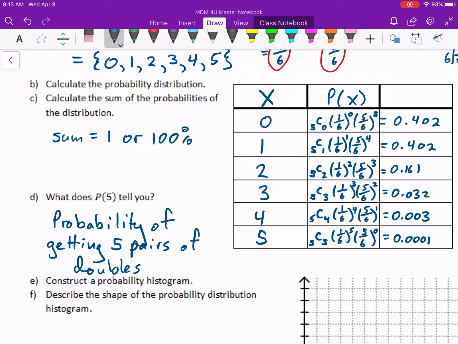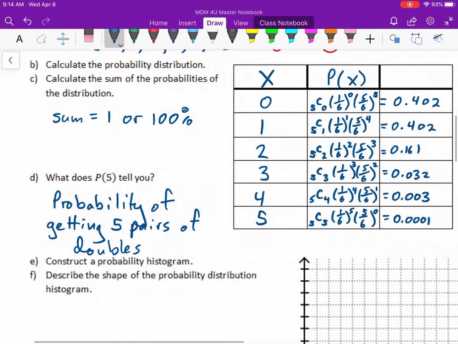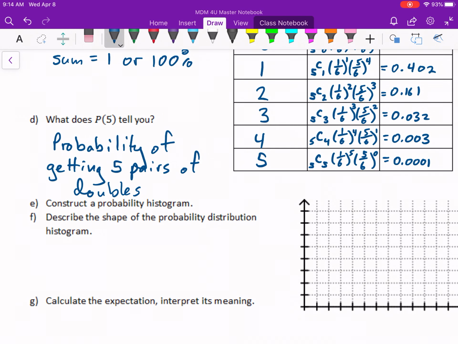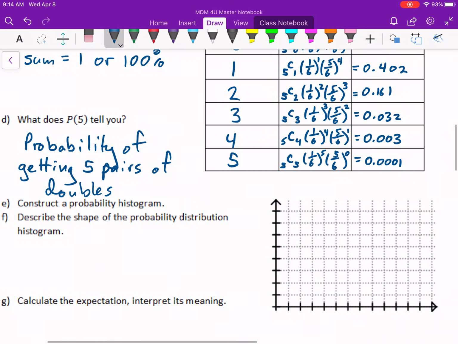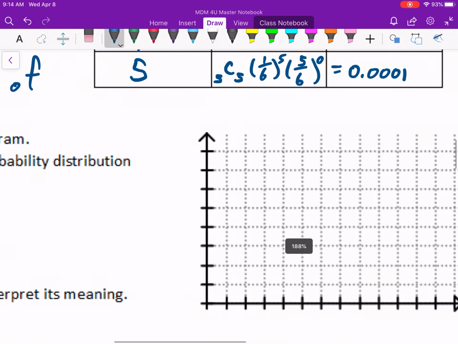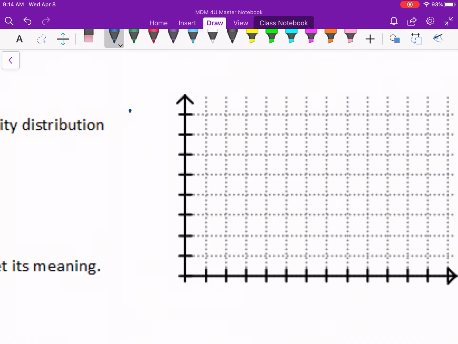Construct the probability histogram. Okay, sure. Well, our highest probability is about 40%. Looking at this graph here, I guess that means I will need to go up by 0.1s or 10% at a time. I don't have enough room to... sorry, I take that back. I think I can go up by more.